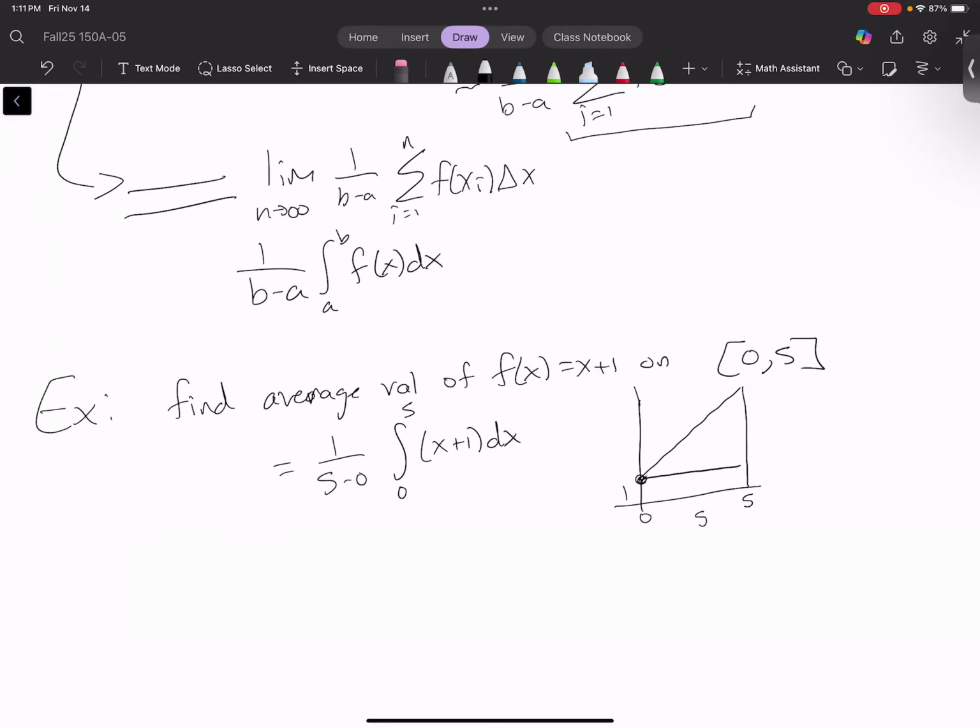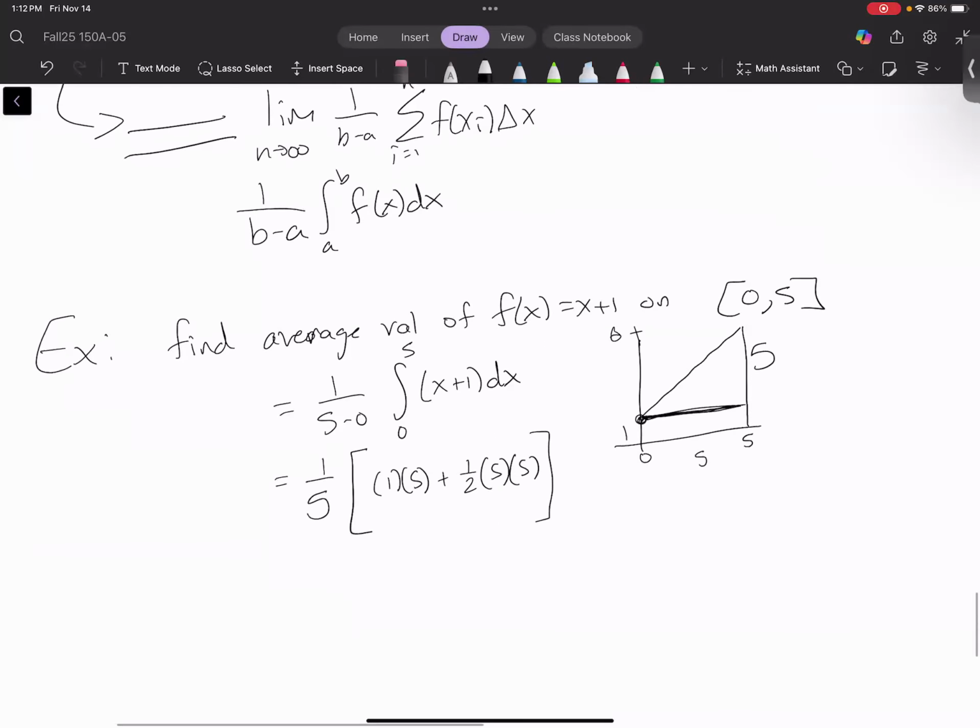Then the triangle has height. Well, this y value here is 6, but the height is only 5 because it only starts here. Okay. And the width is still 5. So this is going to be 1/5 times the area of the rectangle, 1 times 5, plus the area of the triangle, which is a half times 5 times 5.